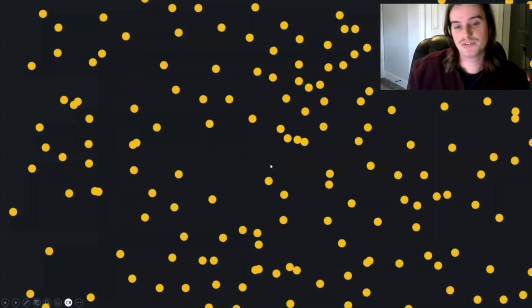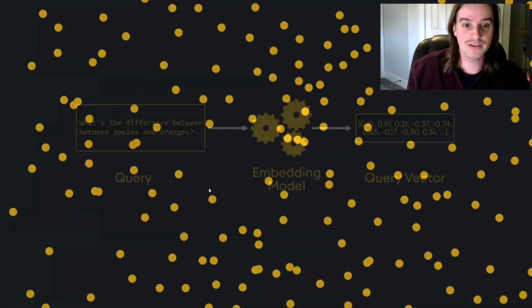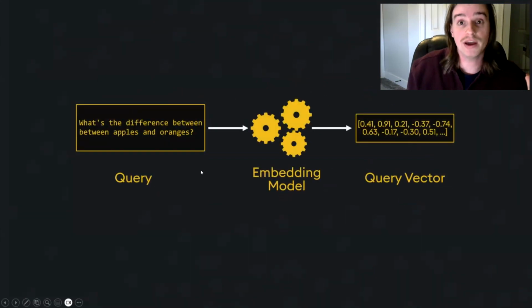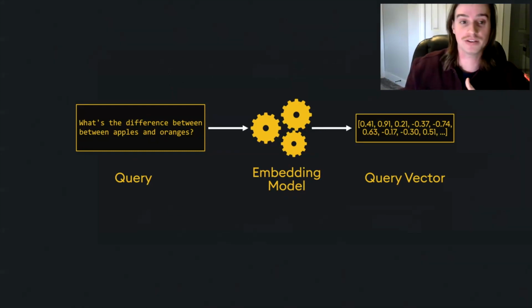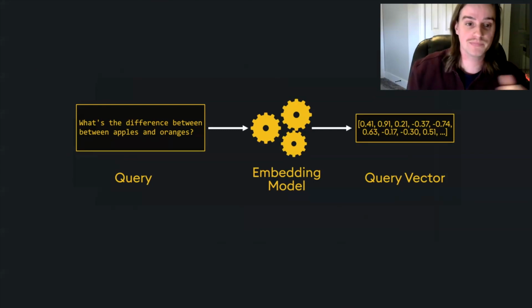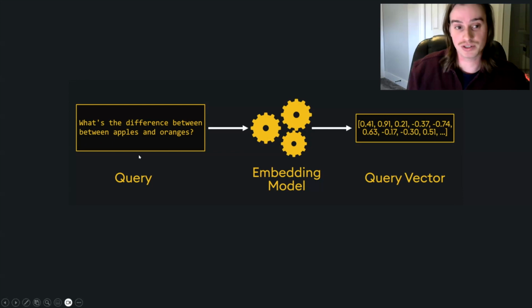So you can just easily imagine this as a vector database. It's a space that has many different vectors in it. And then, as a user, we want to query this database, maybe ask a question about what is going on in this database, what is the data that's held in here. We can do the same thing as we did before, which is input our natural language query into an embedding model and then get out our query vector.